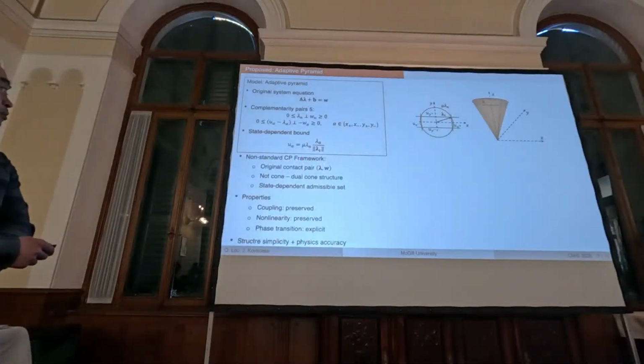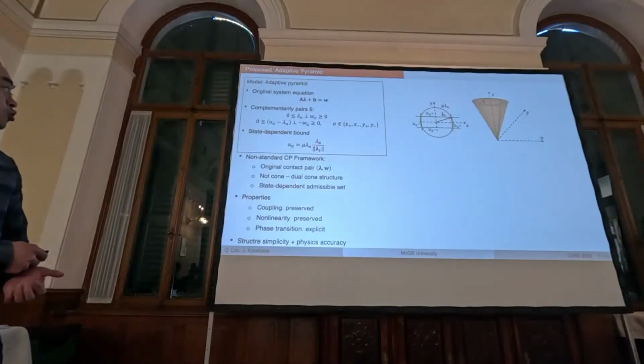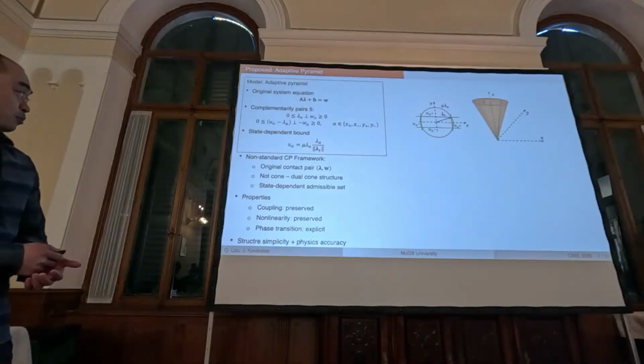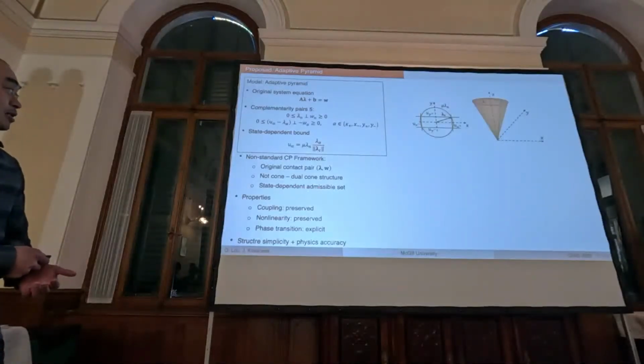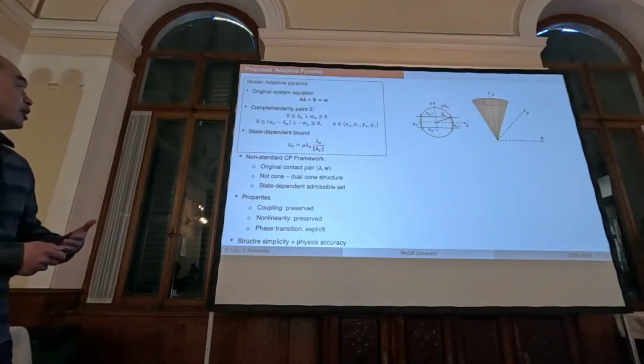From the framework perspective, this formulation directly uses the original pair lambda and w, which naturally does not lie in the cone and dual cone structure. Also, the admissible set is not predefined, but state dependent. Therefore, this formulation does not lie in the standard CP framework.